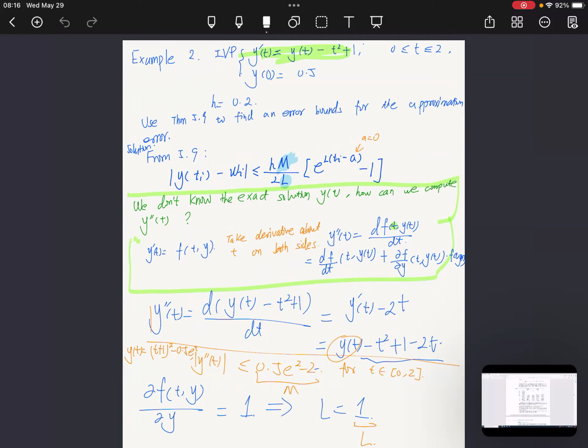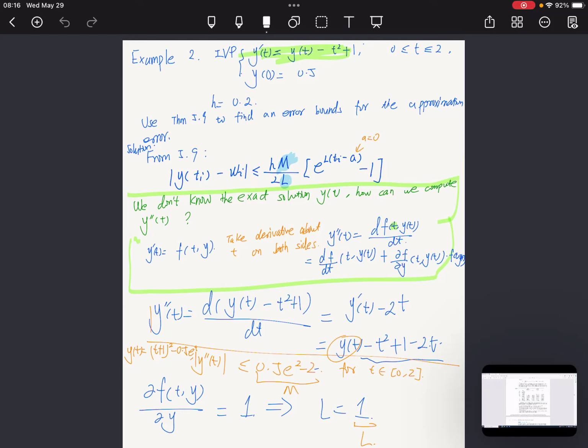This is the Lipschitz constant, and M is the bound of the second derivative of the solution. I expected that I could calculate the second derivative, but without knowing the exact solution for these questions, I cannot get the bound for the second derivative.